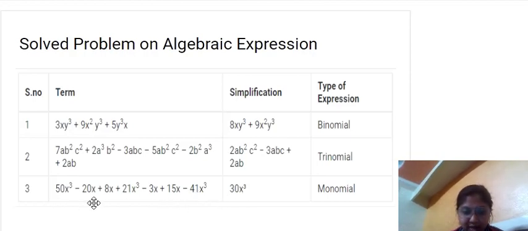And the other terms we get is minus 20x plus 8x minus 3x plus 15x, which cancels out to give 0 sum. And also here we can observe that we have only one term in the expression, so we can safely say it to be a monomial expression.